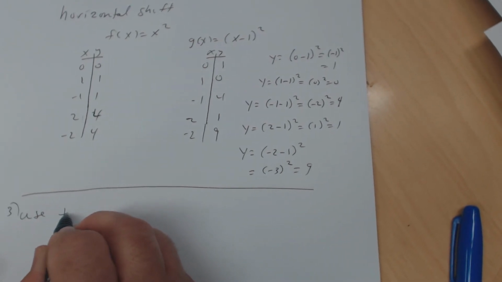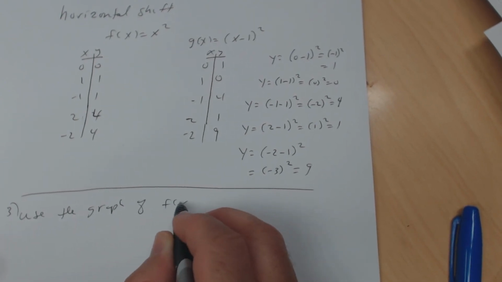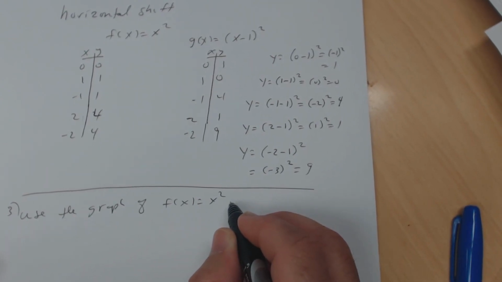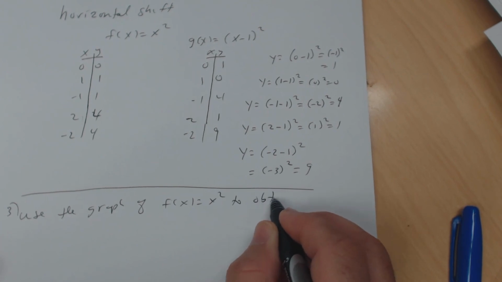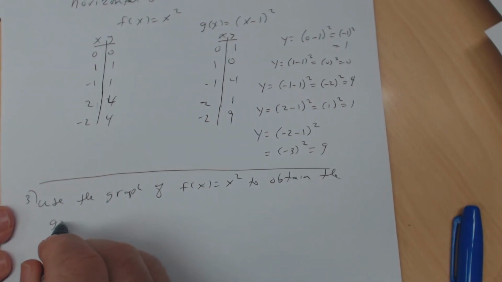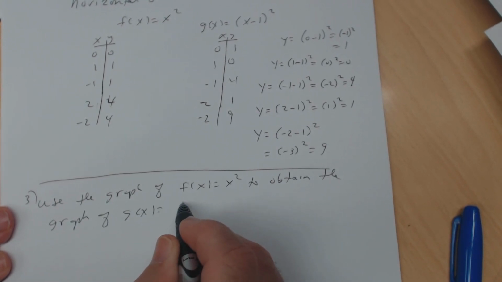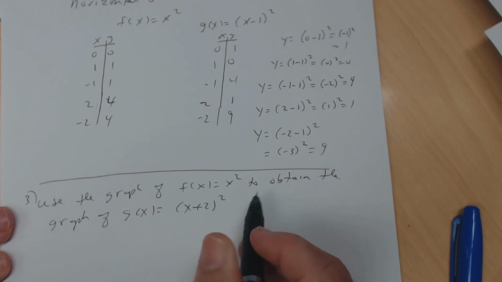Use the graph of f of x equal x squared to obtain the graph of g of x, which equals x plus 2 squared.